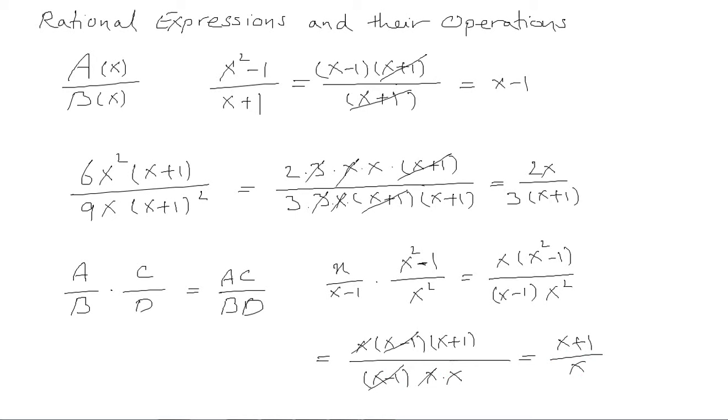Now let's see how we divide rational expressions. So assume that we're going to divide a over b by c over d. Just like dividing ordinary fractions, I can transform that into a multiplication and actually multiply a over b by the inverse of the second fraction, that would be d over c.